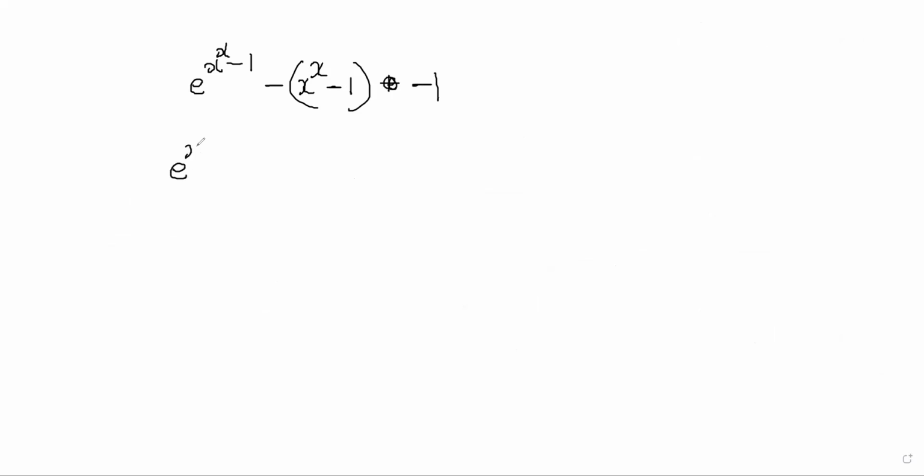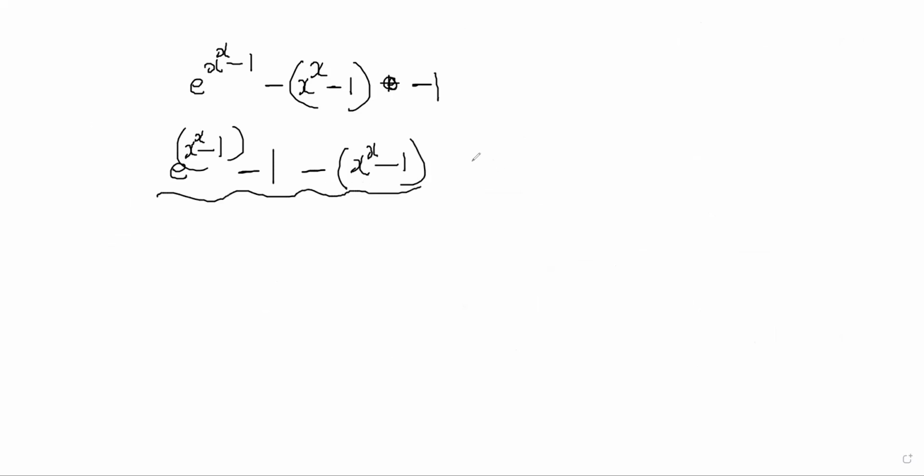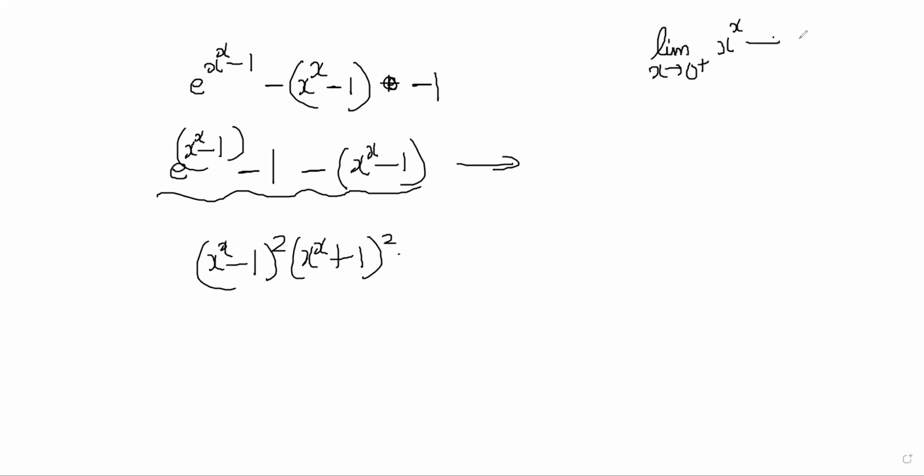So I made it look like this thing minus 1 minus this thing. And it is obvious that it will be the Taylor series of this. The first two terms will cancel, and the denominator also became this. After that, it was not so hard as long as you can figure out that as x tends to 0 plus, x bar x tends to 1.